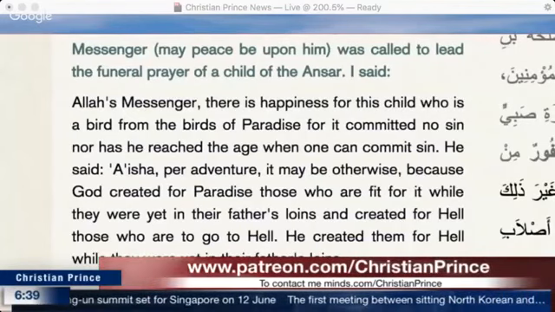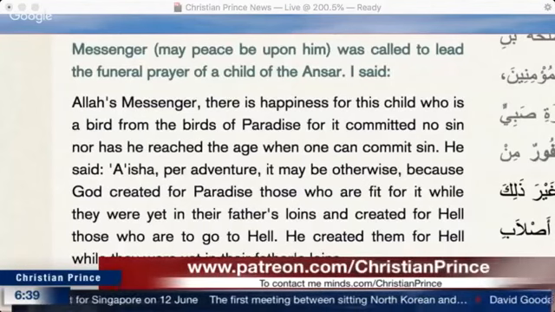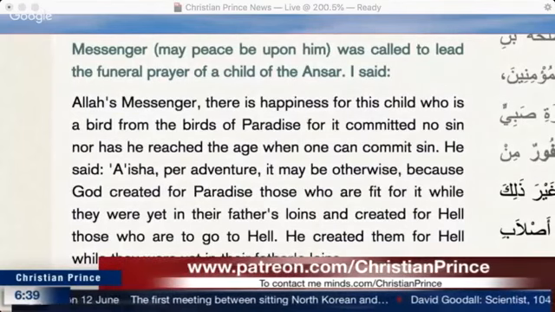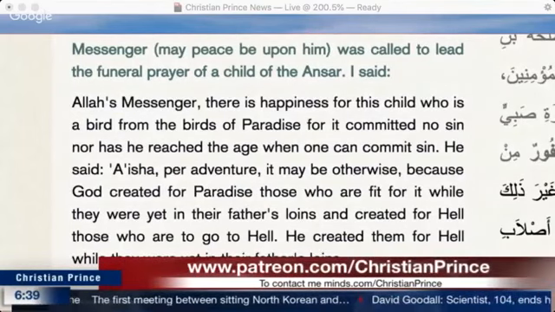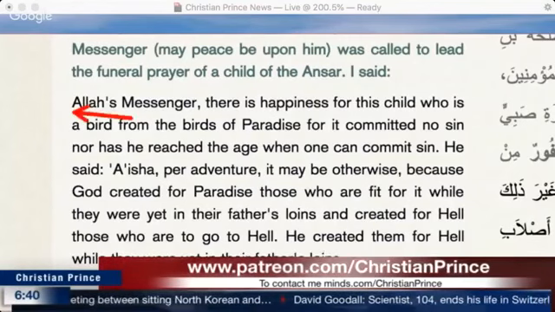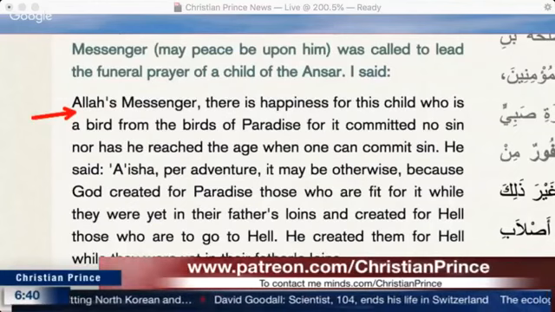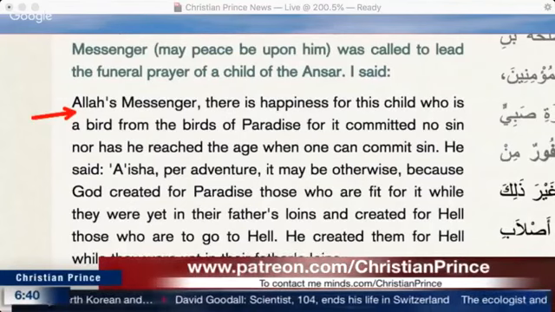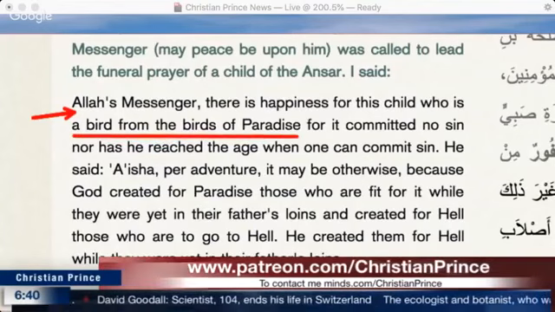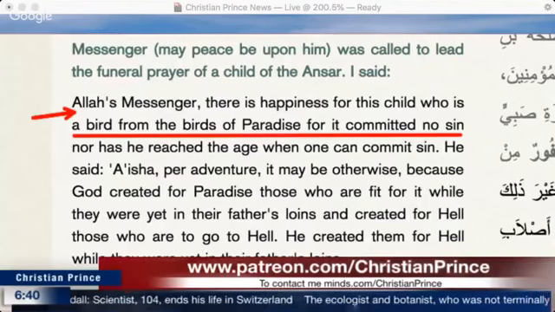So Aisha is speaking logic. She thought so because this person, this child, never committed sin. She is saying the following, if we read together. It says, Aisha said, Allah's Messenger, there is happiness for this child who is a bird from paradise, for it committed no sin, nor has reached the age of sin.